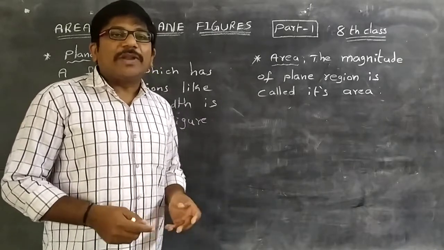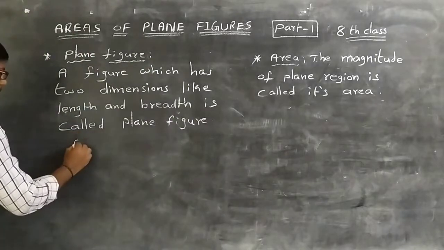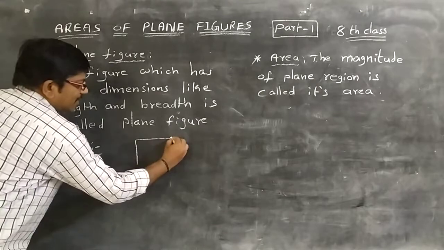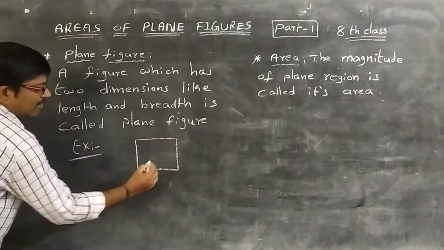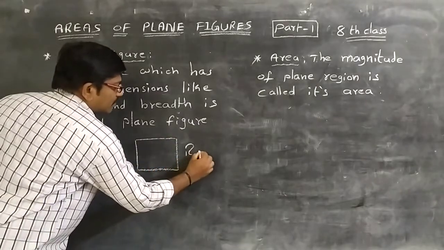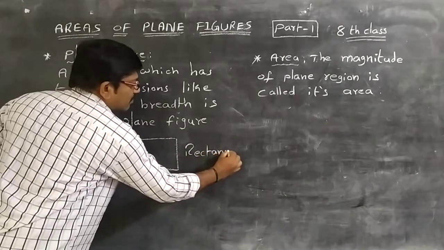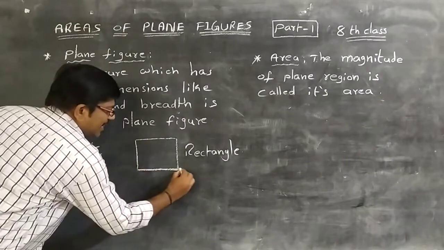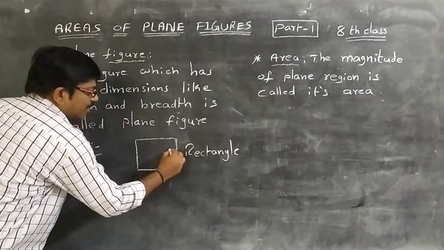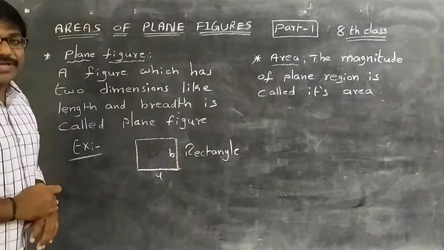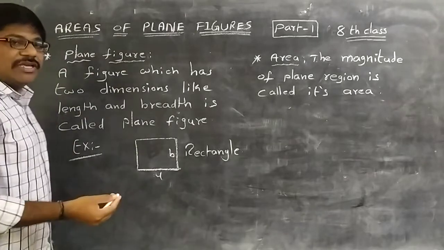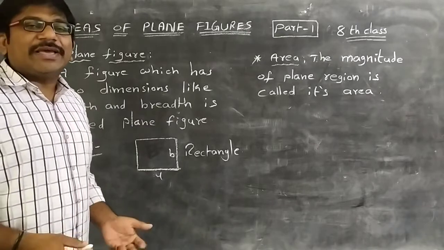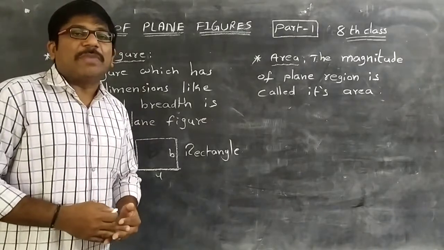For example, plane figures. Rectangle. It is a plane figure. It has length and breadth. So it is called a plane figure. And triangle, square and circle. We can give many more examples of plane figures.